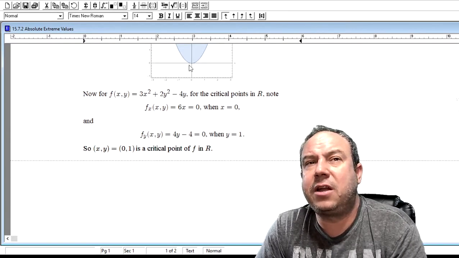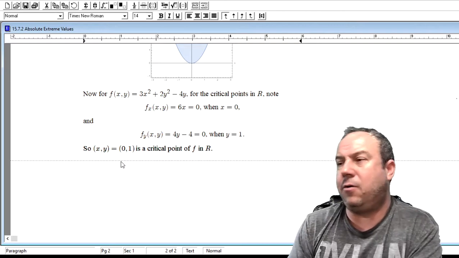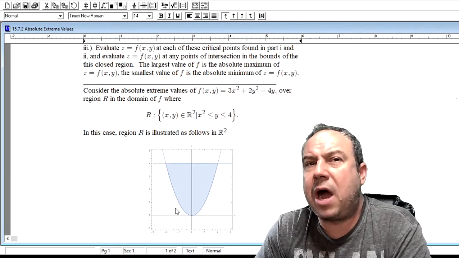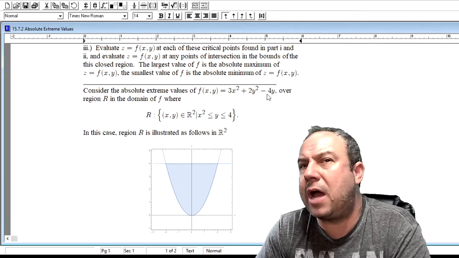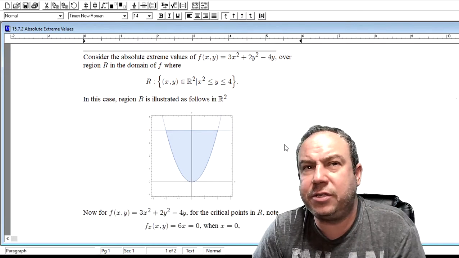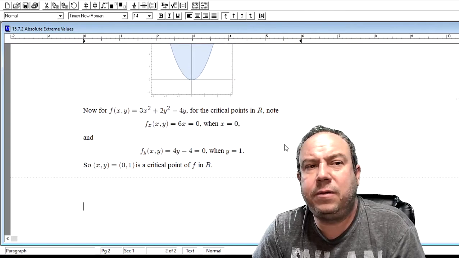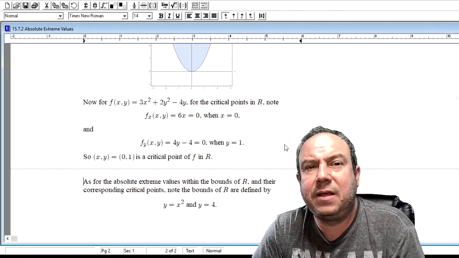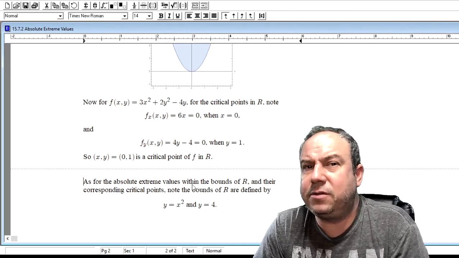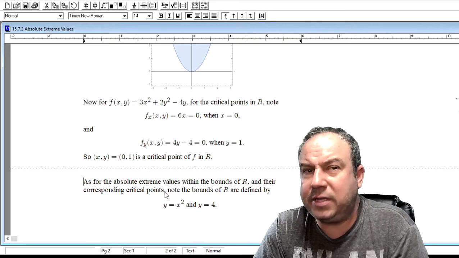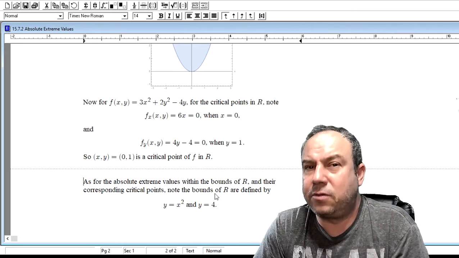We do have to look at all the critical points on those bounds now. And if we consider the bounds, this is the bound where y equals x squared.